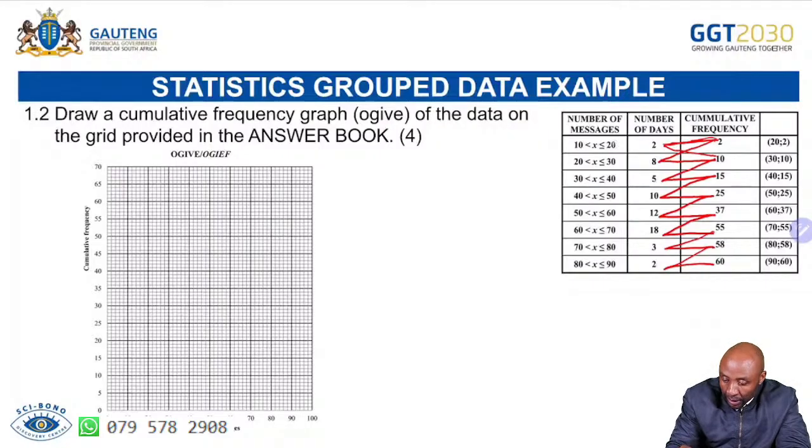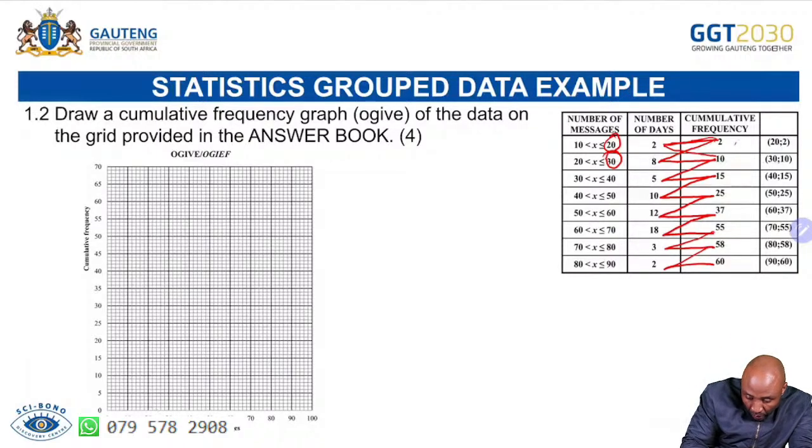So we plot our upper values. 20 goes with the cumulative frequency 2, 30 goes with the cumulative frequency 10. So these are the points that I'm going to plot. So it will be 20 and 2, it's somewhere there.